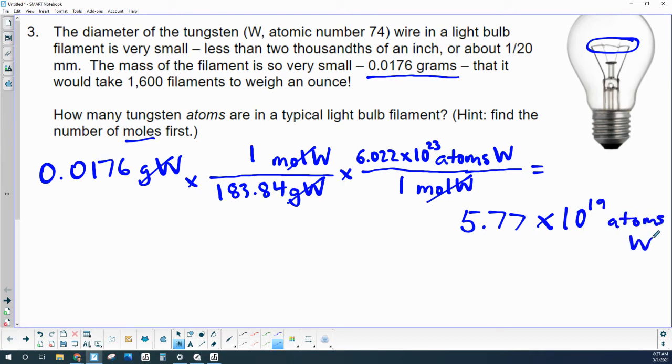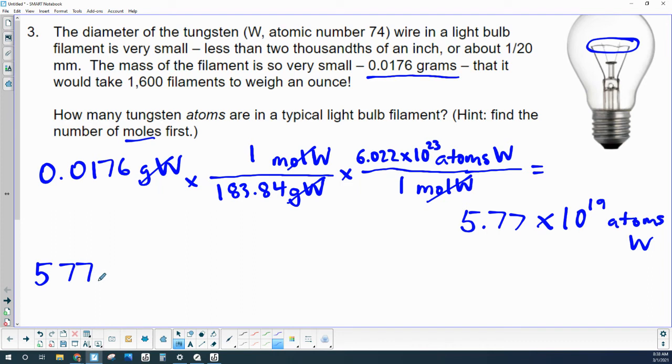Okay, now it's a really big number, right? We've talked about the fact that even in a small sample, there are many particles in that sample. So this is a tiny little sample of tungsten, and we have this many atoms in it. Just to impress upon you how big that is, if I were to write this in expanded notation, I would need to move the decimal here 19 spaces to the right. So I would go 5, 7, 7.